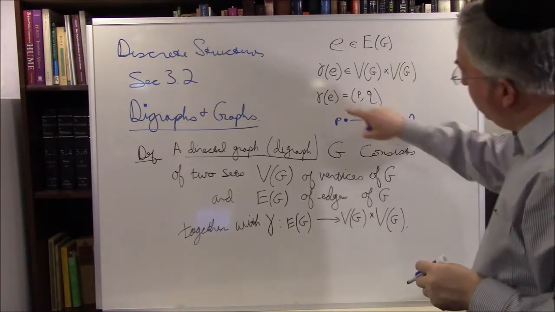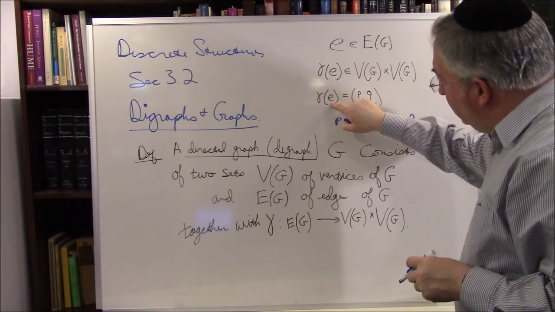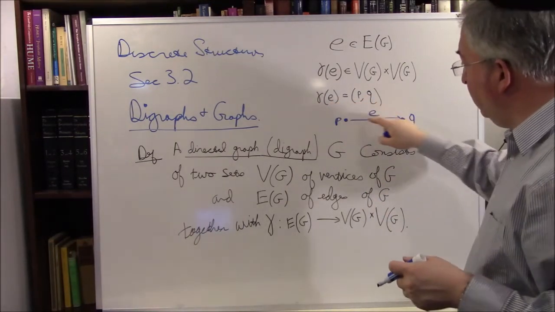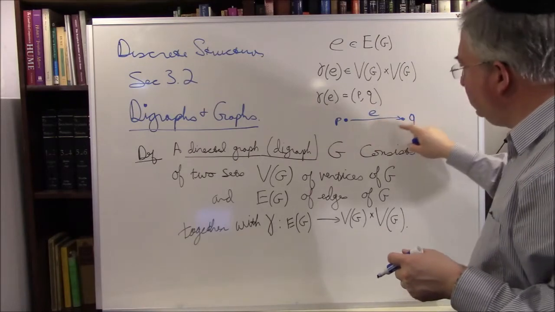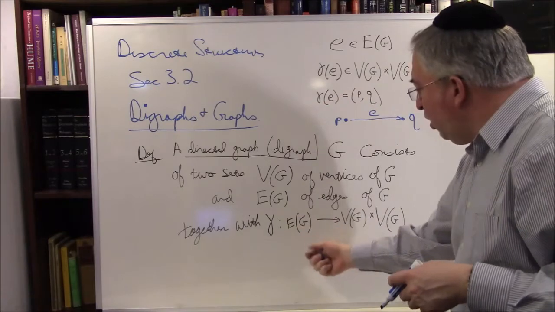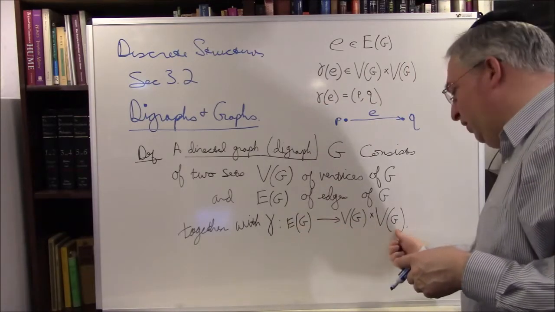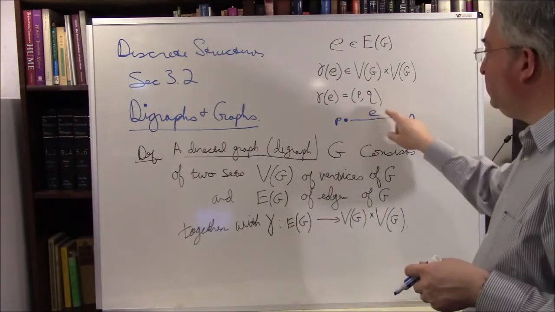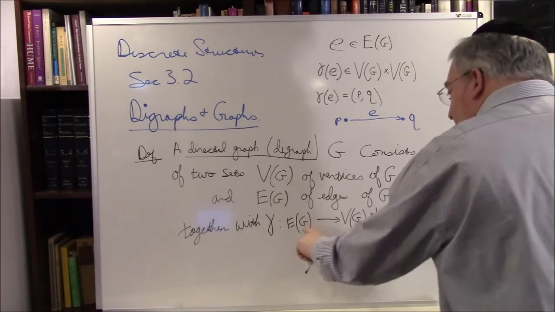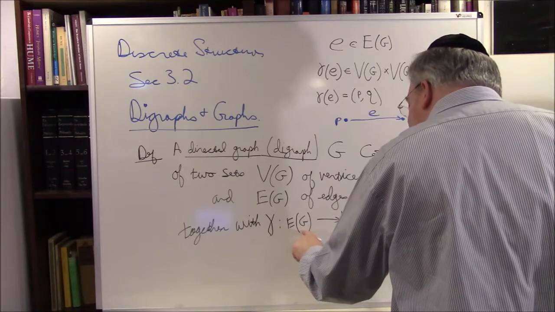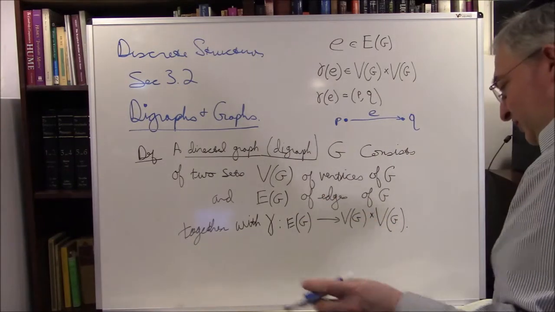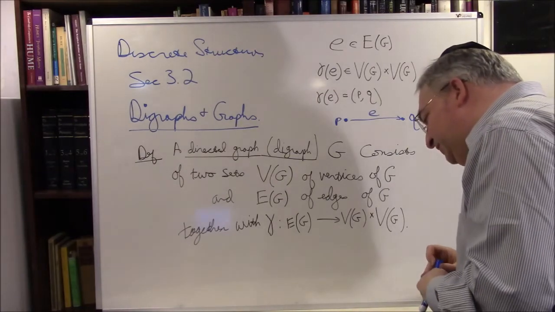I'm sorry, e is an edge, or an arrow, and this describes where it starts and where it ends. So p is where it starts and q is where it ends. So let's go through this again. There's a function that takes every single arrow to starting places and finishing places. That's it. Okay. Now, this is the right definition.